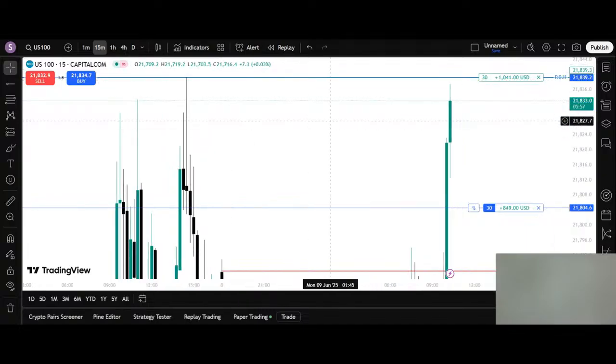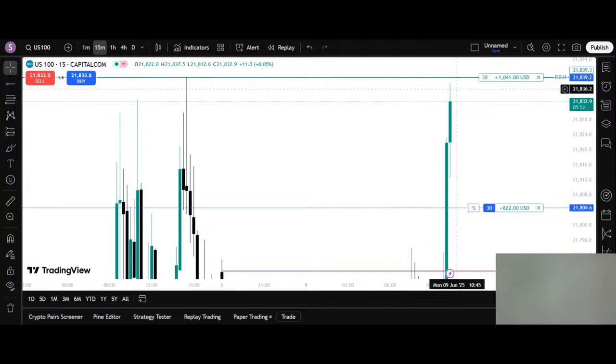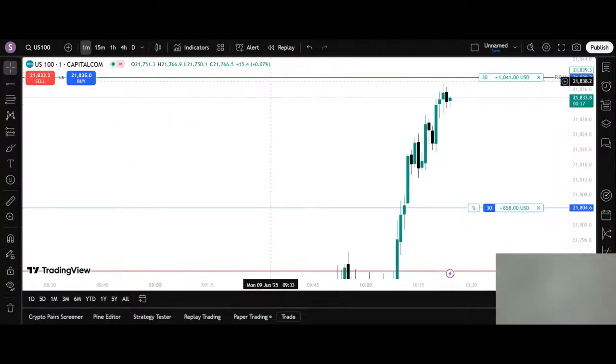This is the 15-minute chart. Let's see if it can hit it quickly. Just came back down from almost 30 to 40 ticks. We're gonna wait for it.